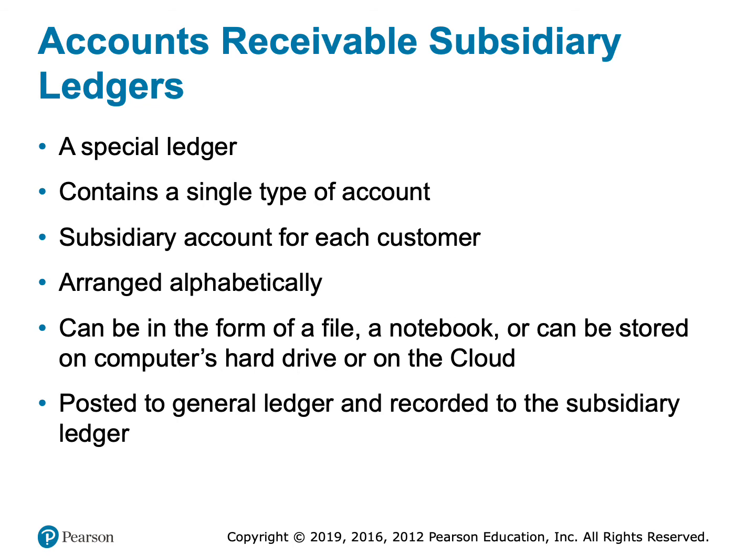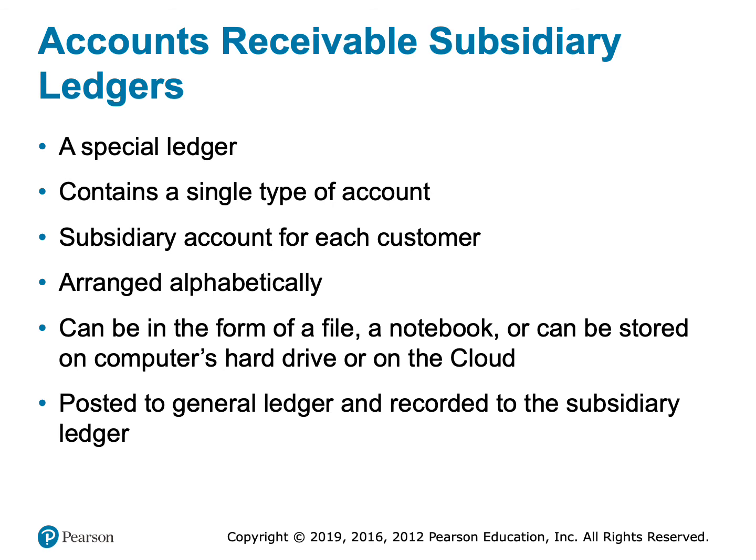So this is a special ledger that just contains accounts receivable accounts, but think of it as separate little bitty tiny accounts receivable accounts for every customer that I do business with. So when I sell on account or get a return or get a payment, I'm going to post it to the big corporate, massive giant umbrella accounts receivable account, as well as the little bitty individual accounts receivable account to update that customer's individual record.